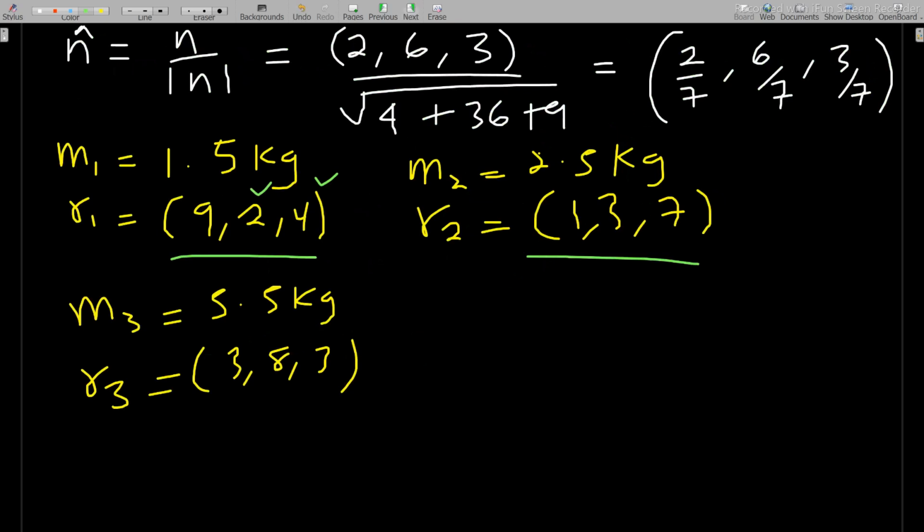So you move ahead and find the next summation, the summation of mi xi yi. For i equals 1, I have mass 1, which is 1.5, times x1 times y1, and x1 is 9, y1 is 2. When I multiply them, I get 18.